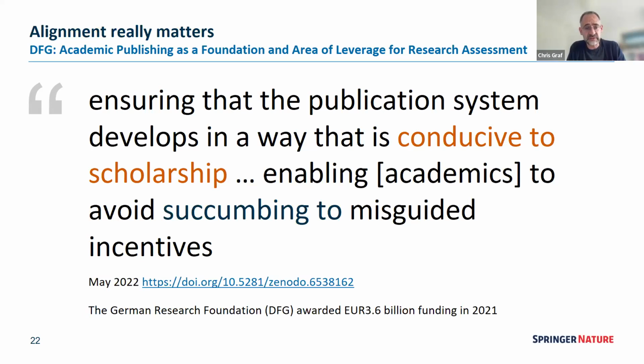So what they're really saying is that research integrity, or a system that's conducive to scholarship, is everybody's business, and that delivering research integrity is something that we can only do if we try and do it together.